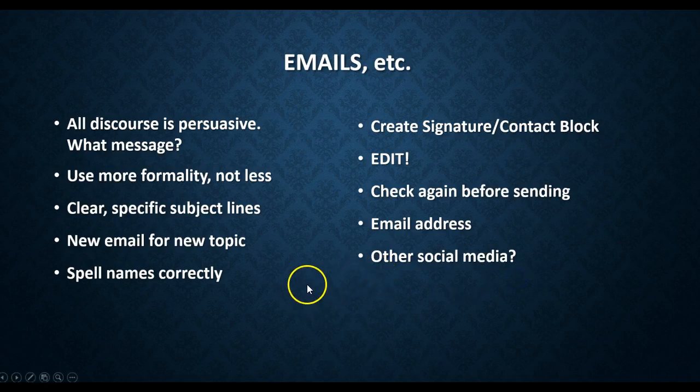Emails. Emails, we have gotten kind of sloppy with our emails because they started out being rather informal, but now they've been adopted by the business world. So don't let your emails send a message that you don't intend. You want your emails in the business world to be professional, and you don't use abbreviations.